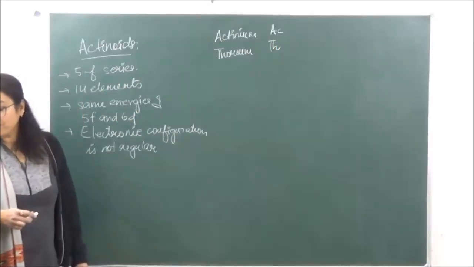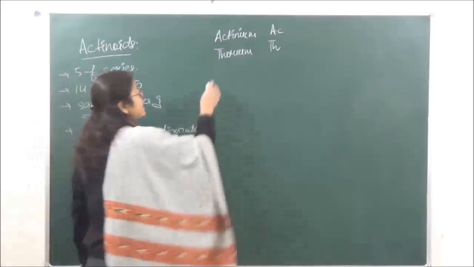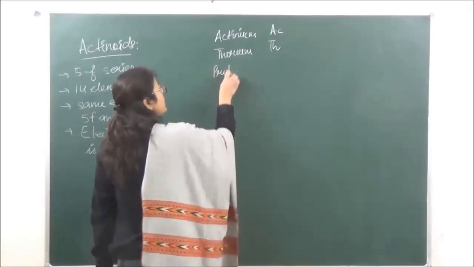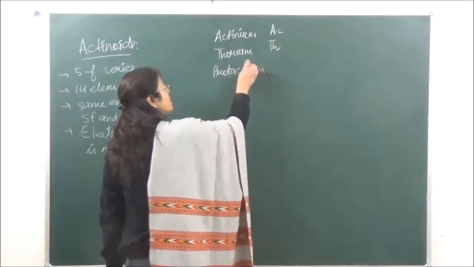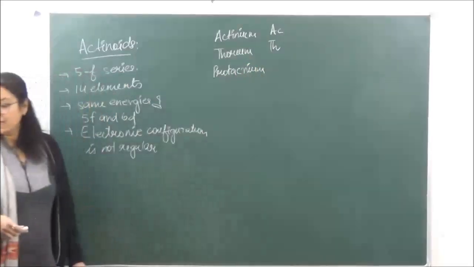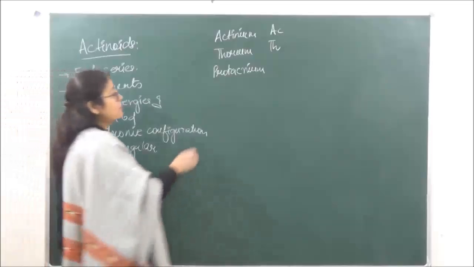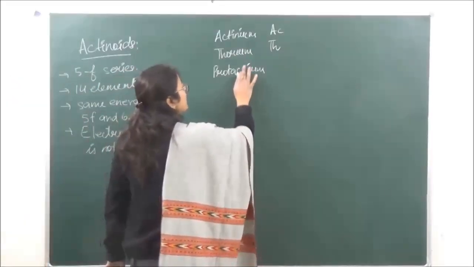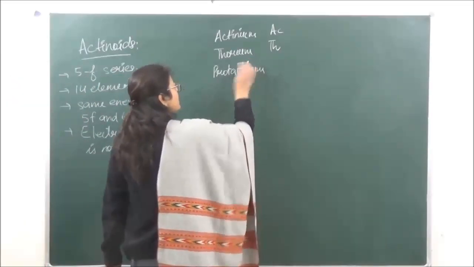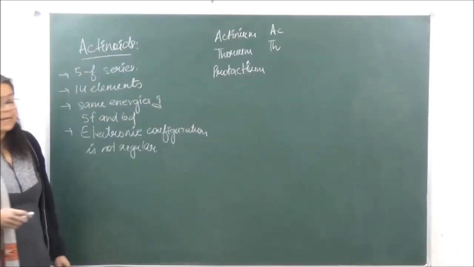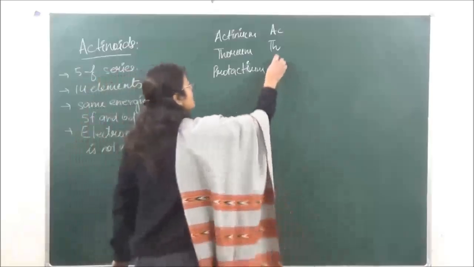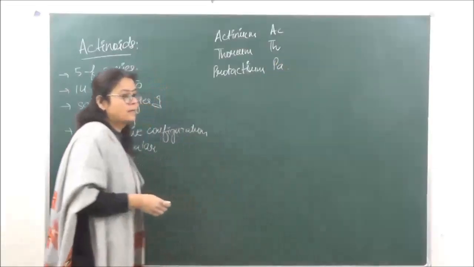Then the next member we have is protactinium. This is going to be the next member, and it has the symbol Pa.